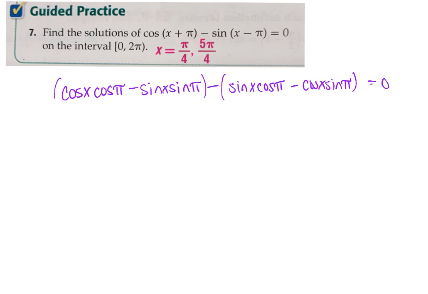And all of that equals 0. Okay. And so we're going to fill in what we know. My cosine of pi is -1. My sine of pi is 0. So we're going to fill that in.